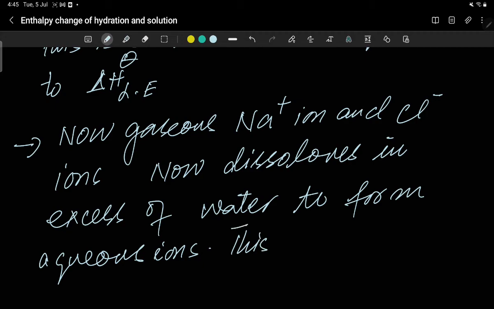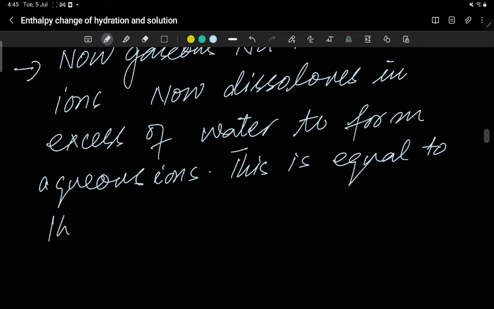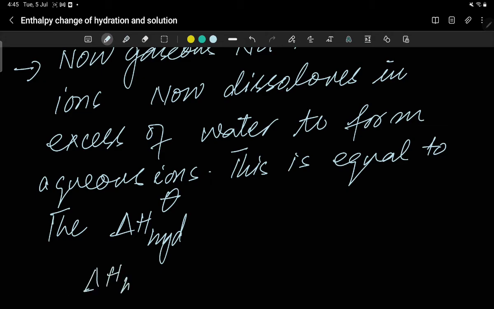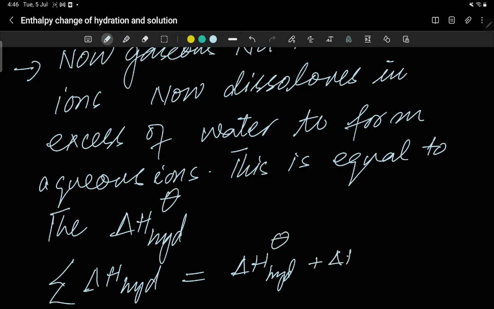This is equal to delta H hydration, which is the sum of delta H hydration of the sodium ion and delta H of the anion, or chloride ion.